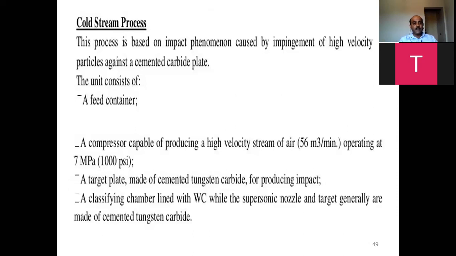Now let us move on to the next process, the cold stream process. This process is based on the impact phenomenon caused by impingement of high velocity particles against a cemented target plate.